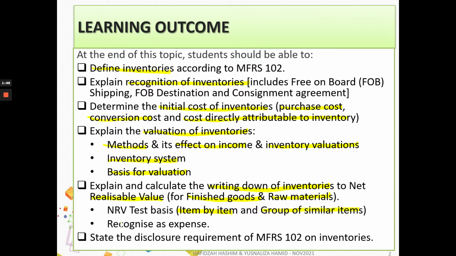Also looking at when the inventories need to be recognized as an expense, as well as the disclosure requirement, as well as some illustrative disclosure requirements under MFRS 102 on inventories.